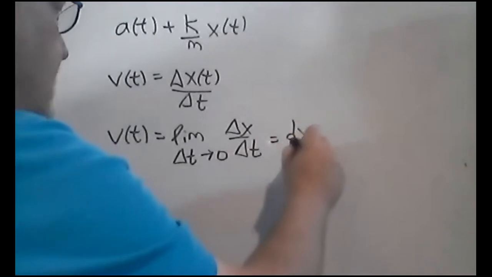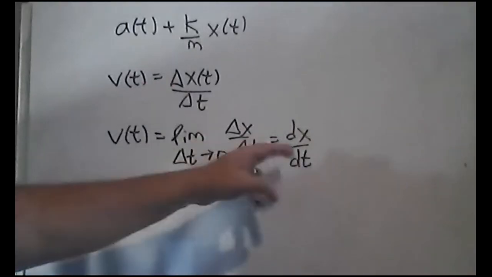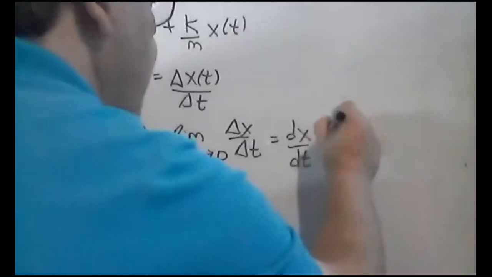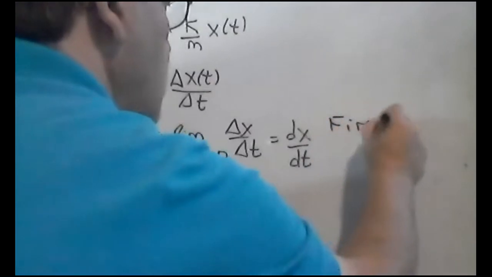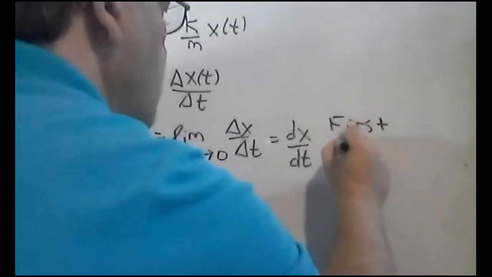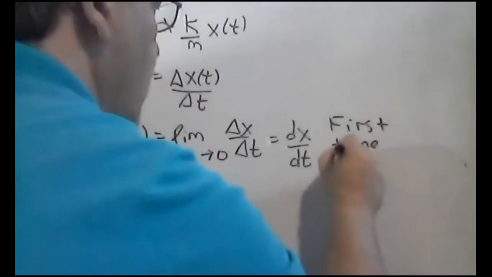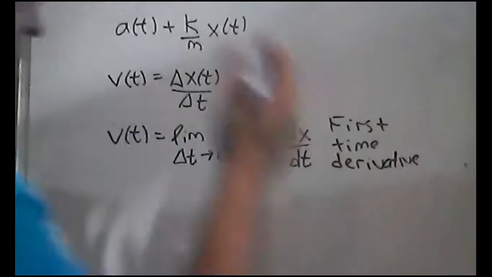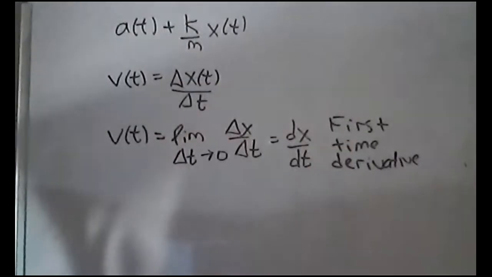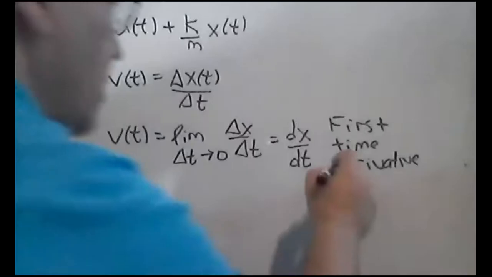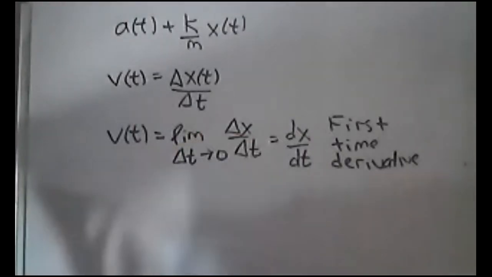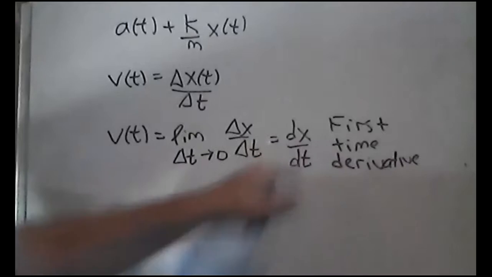I basically replace the deltas with d's. That's calculus. This is called a first time derivative. If you have not had calculus so far, don't worry. I'm just delving into calculus briefly to show you why the function looks the way it does. That's how I would talk about the velocity with respect to the position.